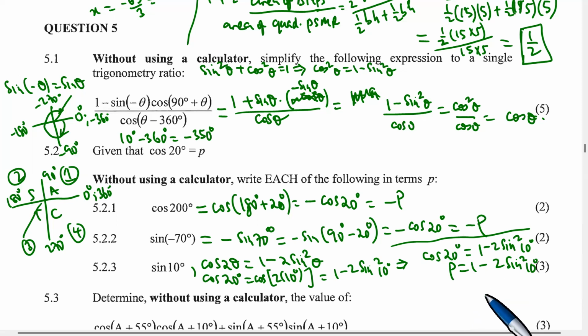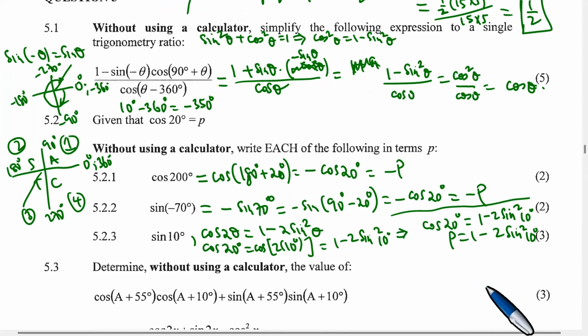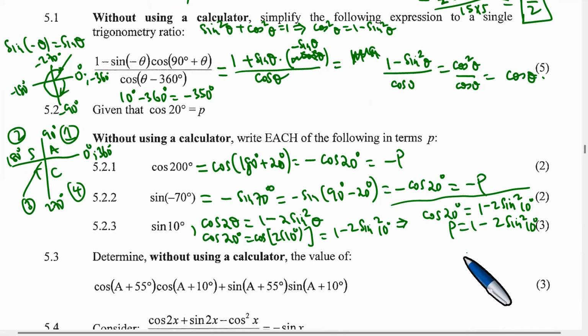We need to solve for sine 10 out of this. So you can move the 2 sine squared 10 degrees, which equals 1 minus P. Sine squared 10 degrees is 1 minus P, you divide by 2. But it is squared.